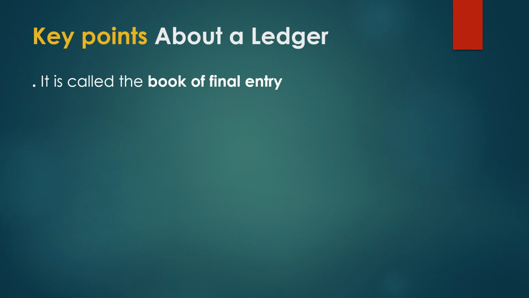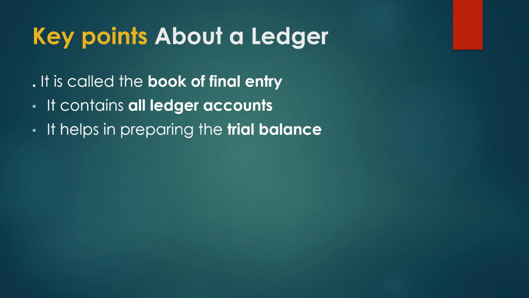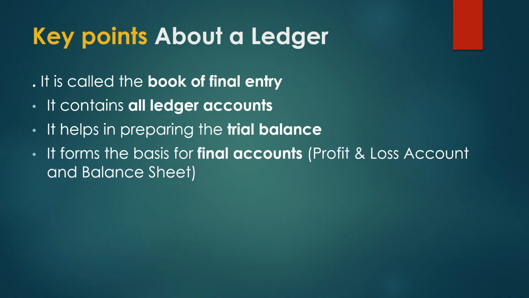A ledger contains all ledger accounts. Then what else? A ledger helps in preparing the trial balance. What else are you supposed to know? A ledger forms the basis for final accounts, that is the profit and loss account and balance sheet.